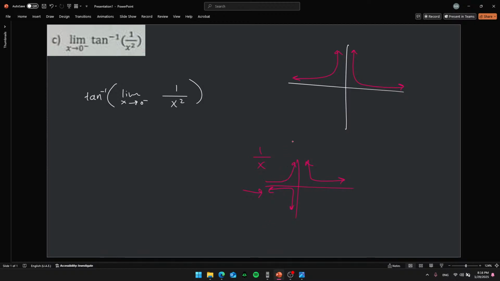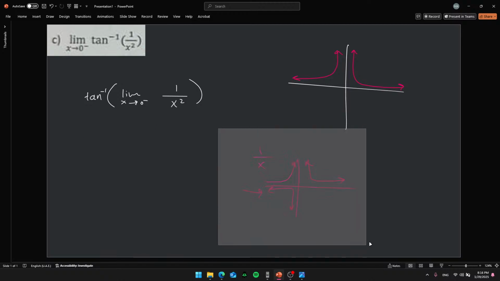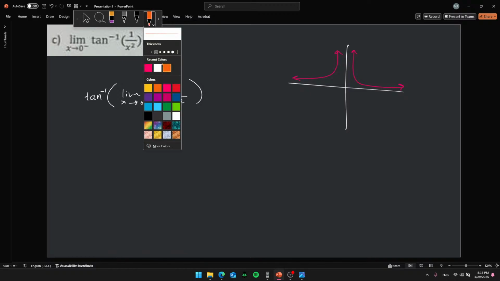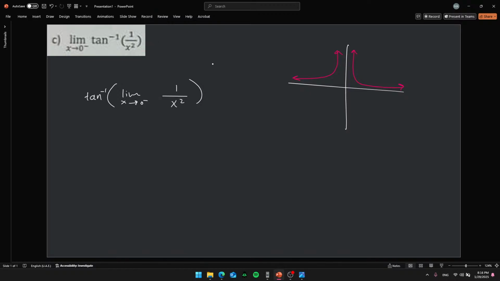You just have to memorize the 1 over x, and whenever you see an even power on the x, just flip it around the x-axis. So anyways, this is the graph of 1 over x squared.